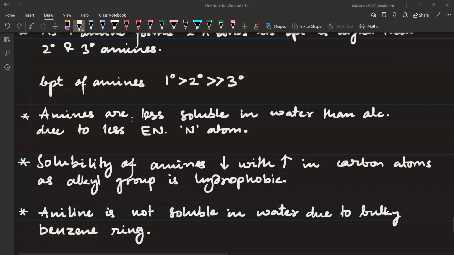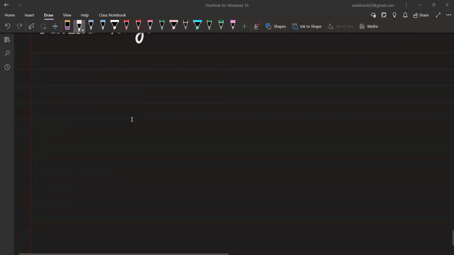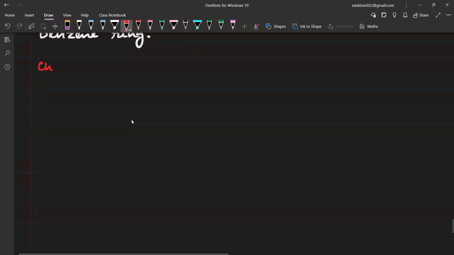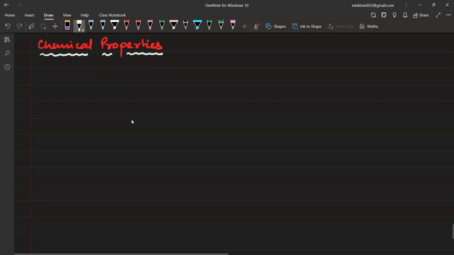Right, next, the chemical properties. What are the chemical properties? The first one is important and it is also a test.